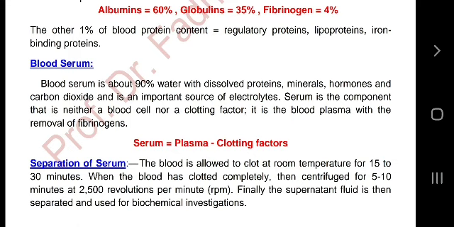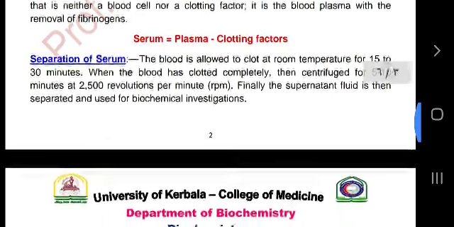Therefore بعد السنترفيوج راح ناخذ السوبرنيتنت فلويد اللي هو تم فصله وهذا نسميه serum, which is used for various biochemical investigations.